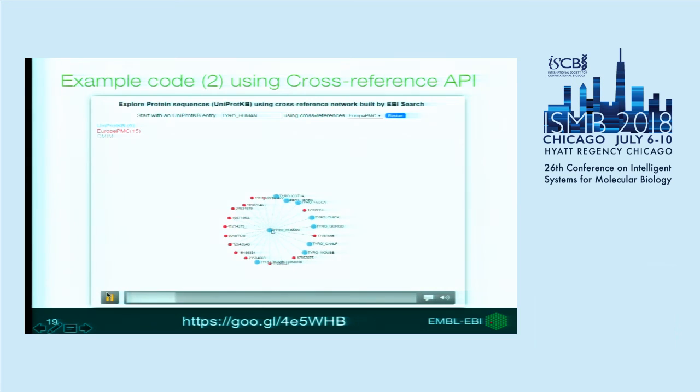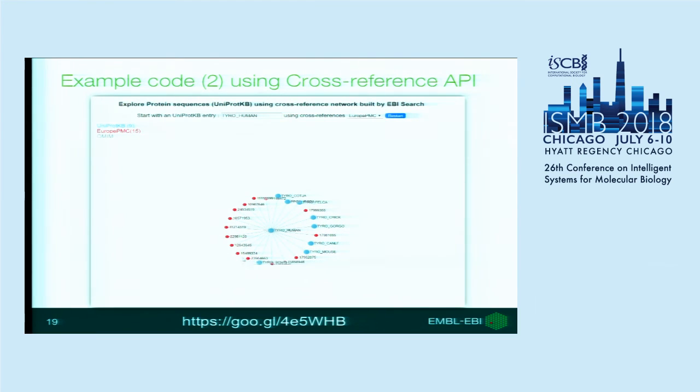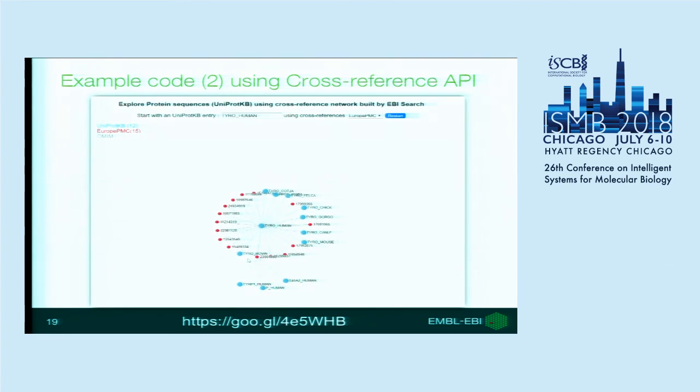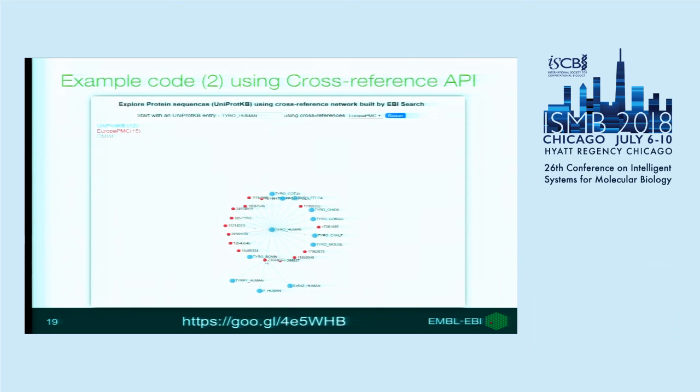I started from a specific UniProt entry, and whenever I click a circle, it triggers a search for cross-references, and if there are any, I expand the network. So as you see, without setting up a complicated system, you can simply find hidden information from the data available in the EBI Search engine.